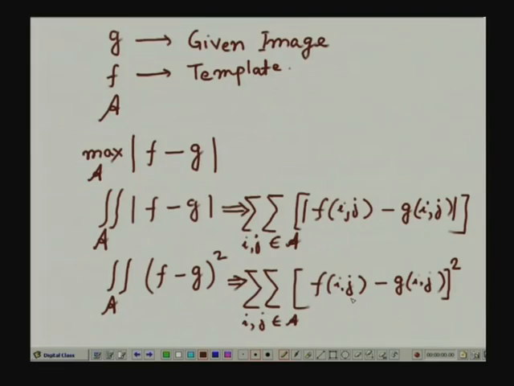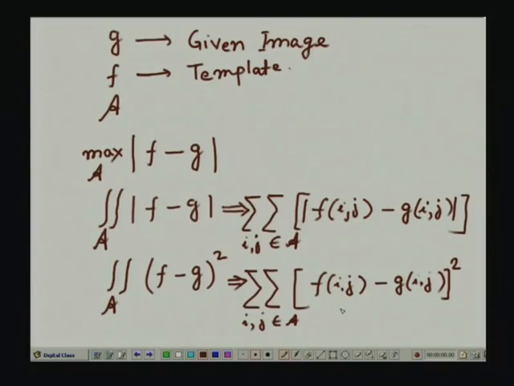If I say that f ij minus g ij is the difference between two images or the error, then this last expression, f minus g square double integration over A, in the digital domain becomes f ij minus g ij square, take the double summation for all ij in the region A. This is equivalent to the sum of square error.